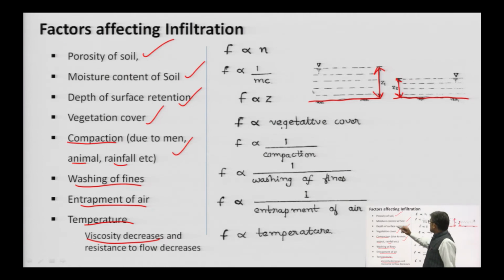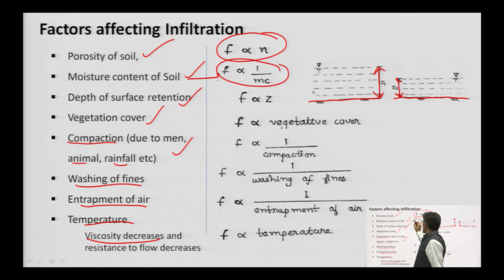So, infiltration is directly proportionate to porosity. Moisture content, it is inversely proportional to that. Depth of surface retention is directly proportionate to infiltration. If we have more depth of water retained on the land, then infiltration will be comparatively high.